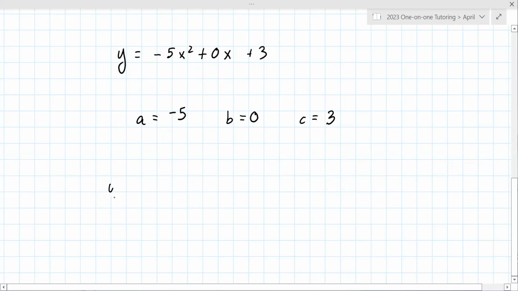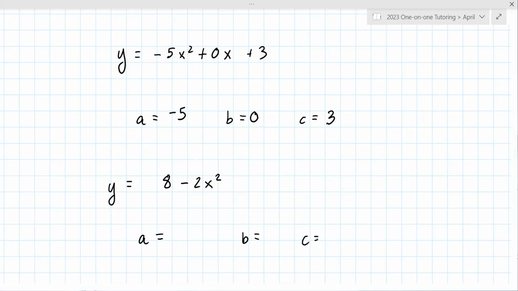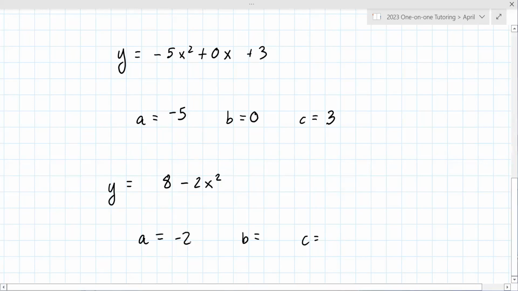Right. And let's say I gave you something like this, 8 minus 2x squared. What would A be in this case, B and C? Okay, so I would still say A would be the minus 2. The reason is that it has an x squared, and usually when you order everything, x squared is the first thing.